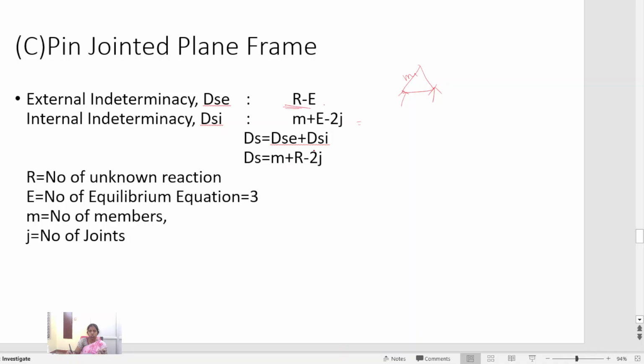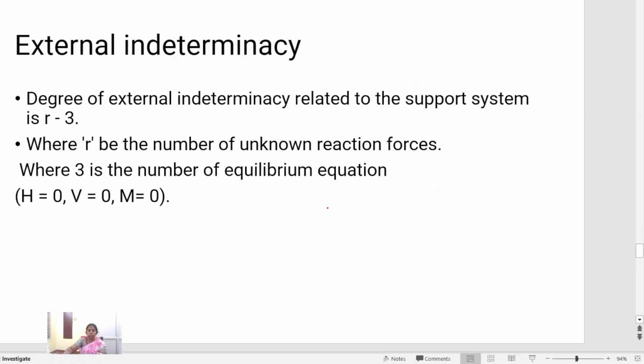If you add these two, that is m plus e minus 2j internal plus r minus e external, you get the final equation m plus r minus 2j. r is the number of unknown reactions, like Ra and Rb, m is the number of members and j is the number of joints.